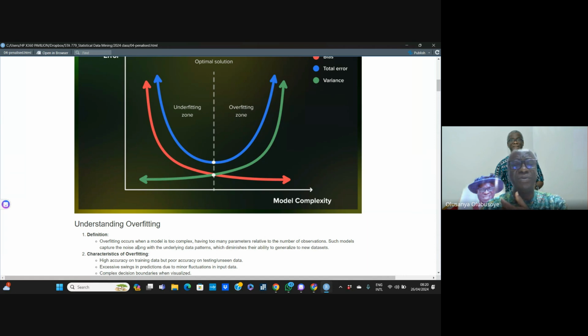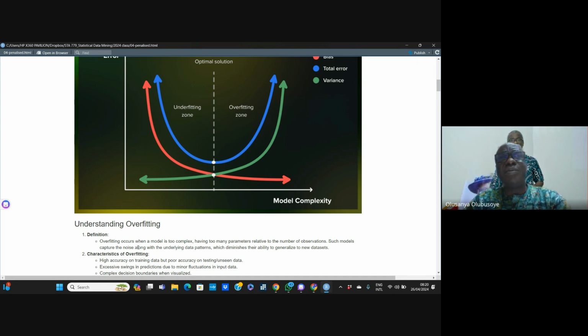Every model will capture noise, but we want a model that will capture signal as well. Signals are important, but you can't also avoid noise.